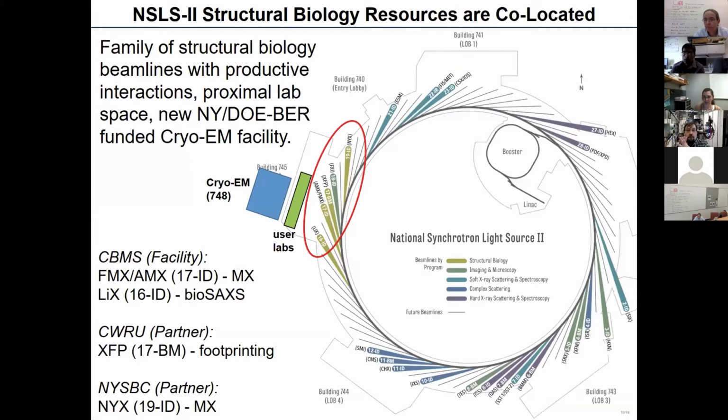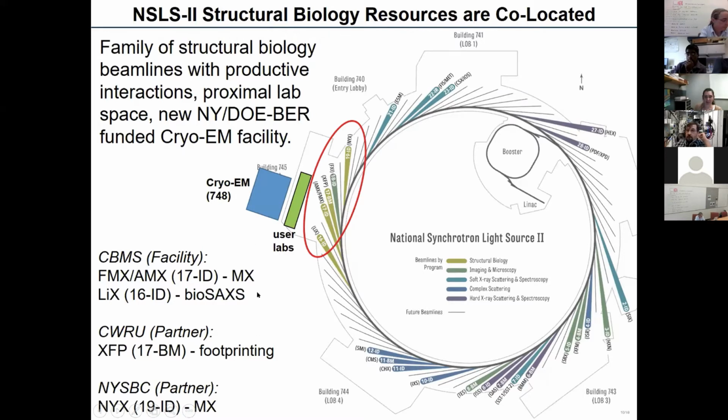One thing I want to point out is this was a greenfield facility, and when we were laying out locations of beamlines, one of the things we wanted to do was co-locate similar beamlines in a similar area and copy something that was done at Diamond in the UK and create these villages, if you will. So we have what we used to call the biology village, and they're all clustered right here in 745.